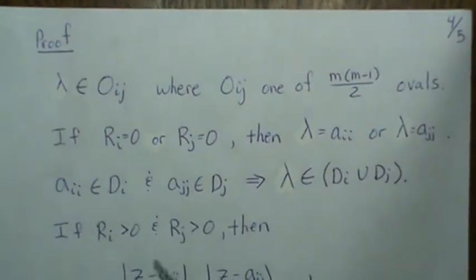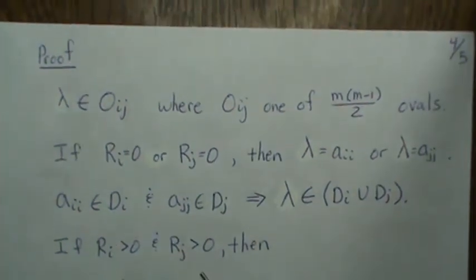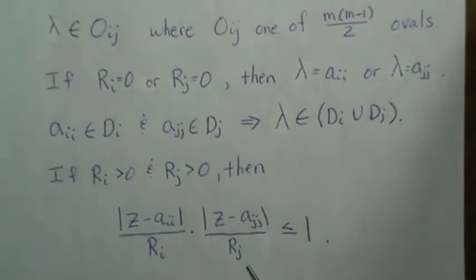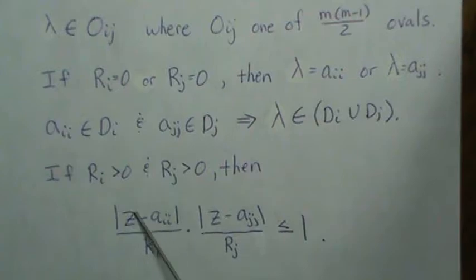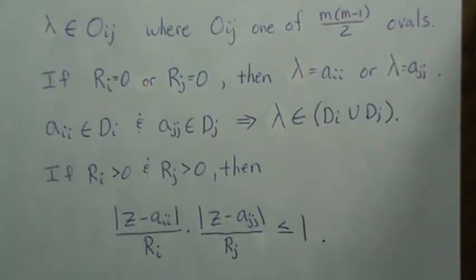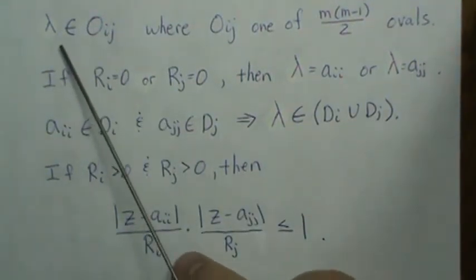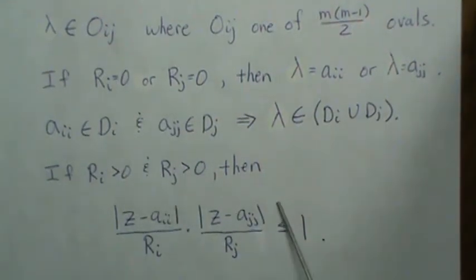Okay. But now let's assume they're both positive. Then this is true, because if we multiply that up, this is the formula for Brauer's ovals. And now remember that lambda is in this oval, so it satisfies this relationship.